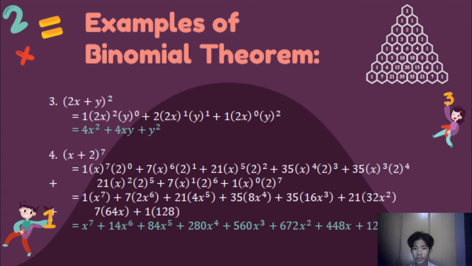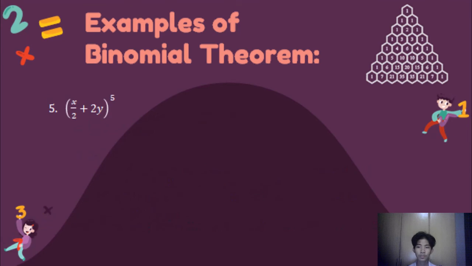So after final simplification, we will get x raised to 7 plus 14x raised to 6 plus 84x raised to 5 plus 280x raised to 4 plus 560x cubed plus 672x squared plus 448x plus 128.